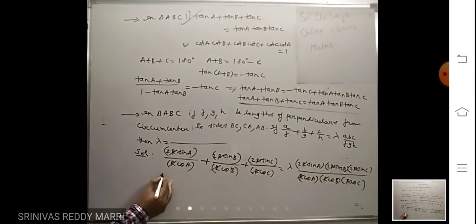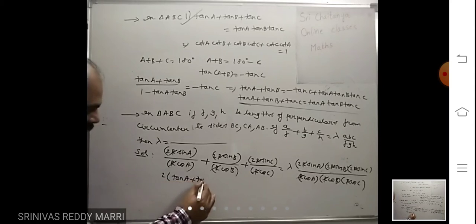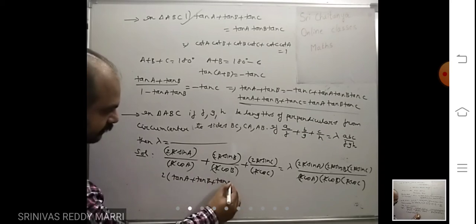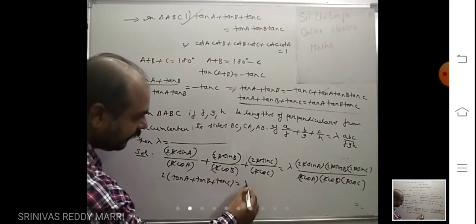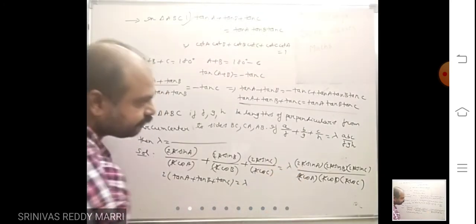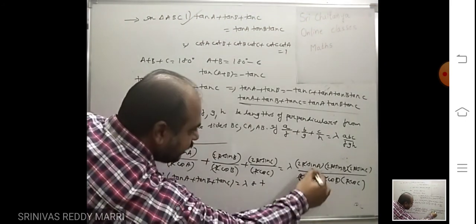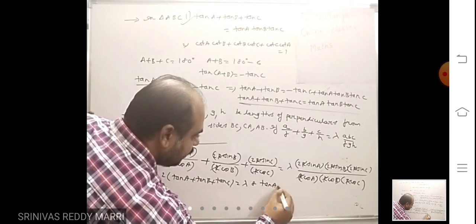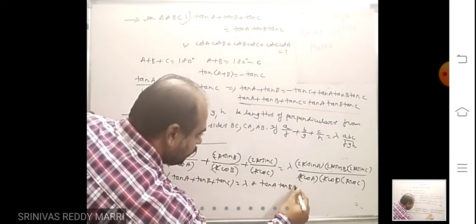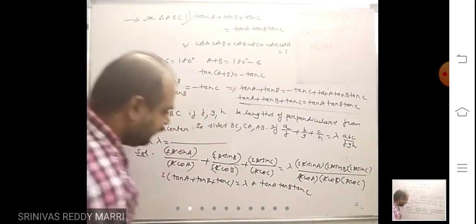Now if you take 2 common, 2 into tan A plus tan B plus tan C equals lambda into 8 tan A into tan B into tan C.